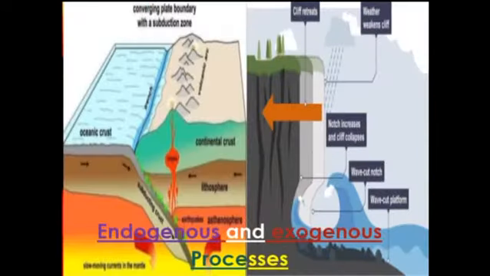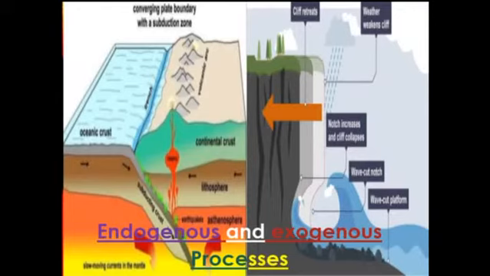The endogenous forces or processes, as we have discussed before, are internal and sudden processes. So they appear in the form of earthquakes, volcanic eruptions, or in the form of the movements of the earth plates. While the exogenic forces or processes are external ones, and they may appear in the form of landsliding, floods, tsunami, or cracking of glaciers. This is a continuous wearing down and rebuilding of land surface.